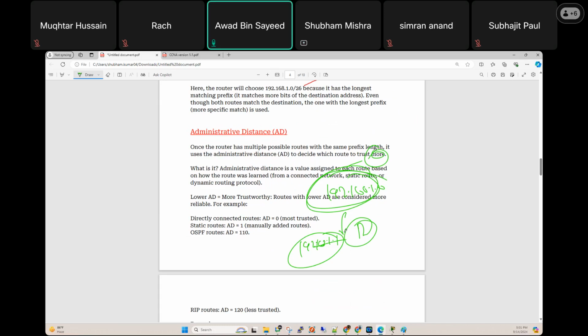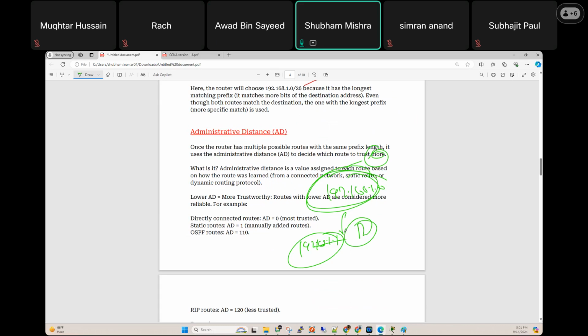For example, let's suppose you are telling me something, and I am seeing the same thing live. On which would you have more trust, what you are seeing live? So definitely, let's suppose this router receives a route from any routing protocol, and the same route is directly connected, definitely the router will trust the directly connected network.